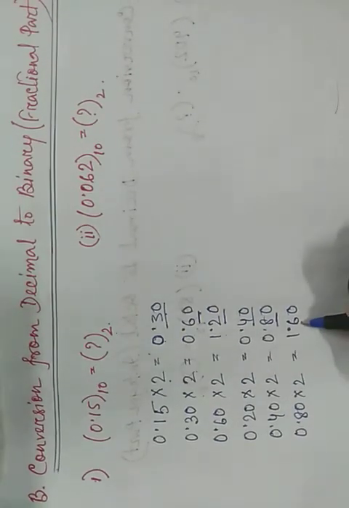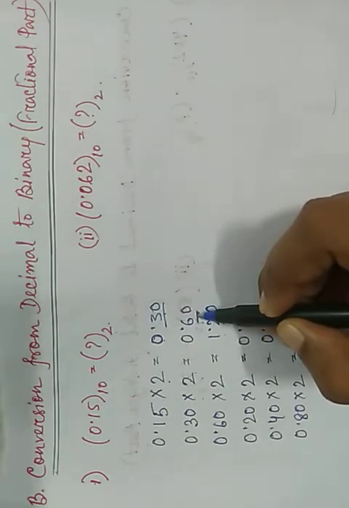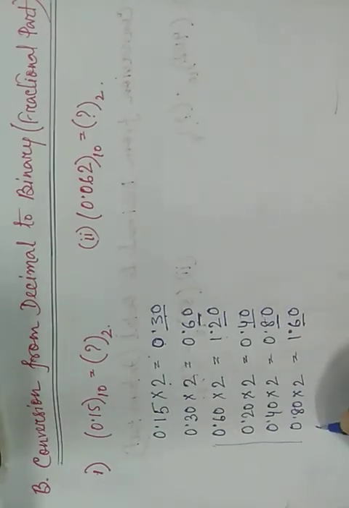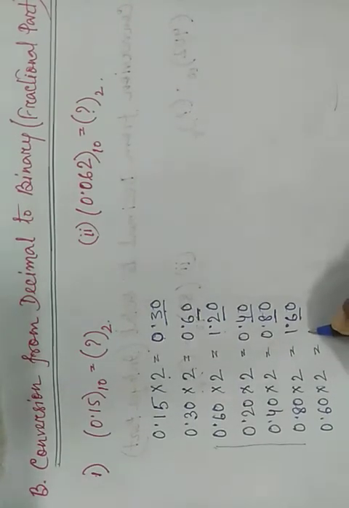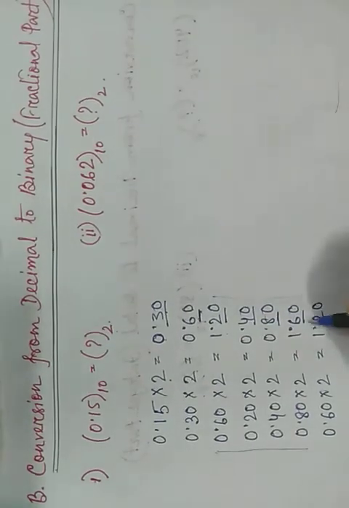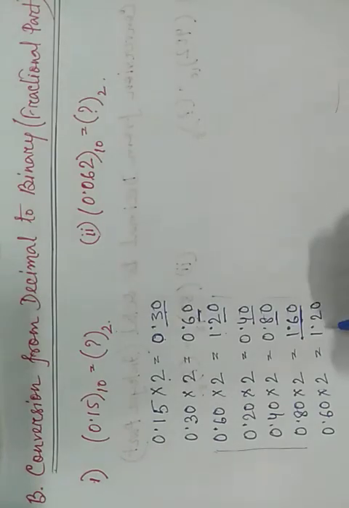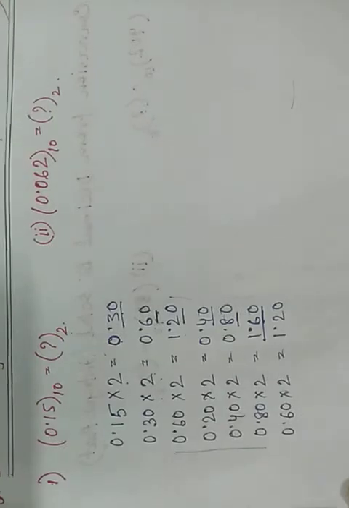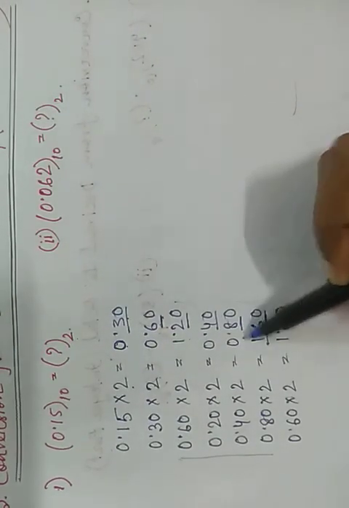Here you see we have the 0.60 value again, so it will repeat this portion. If we do 0.60 into 2, again it is 1.20. That means this part will always be repeated, so we stop here. If it is not repeating and keeps going on, we multiply only 5 times, then stop.